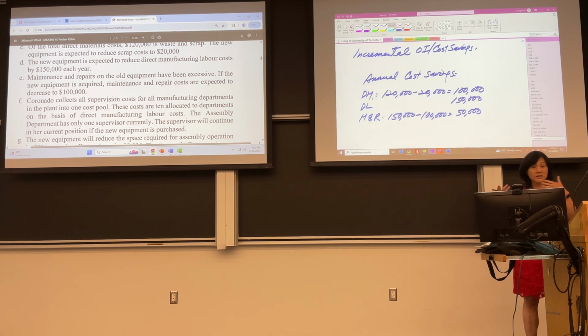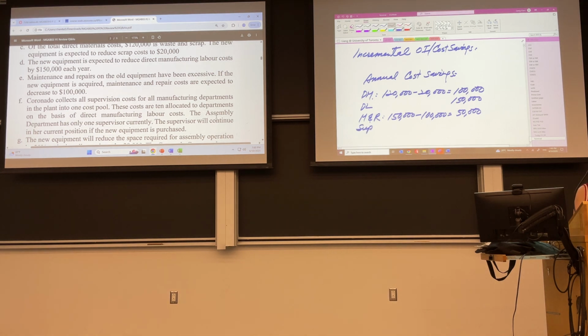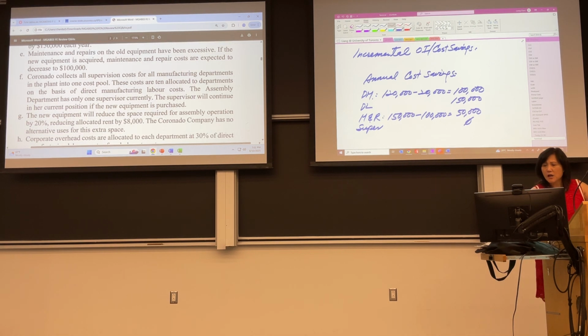The supervisor is not going to be laid off, so there's no supervision savings, because it's allocated. The base doesn't change, you don't have savings. Okay, so now we can reduce the space by 20%. So we allocate 8,000 to the assembly line, but this place you have empty space, but you still have to pay. No savings.